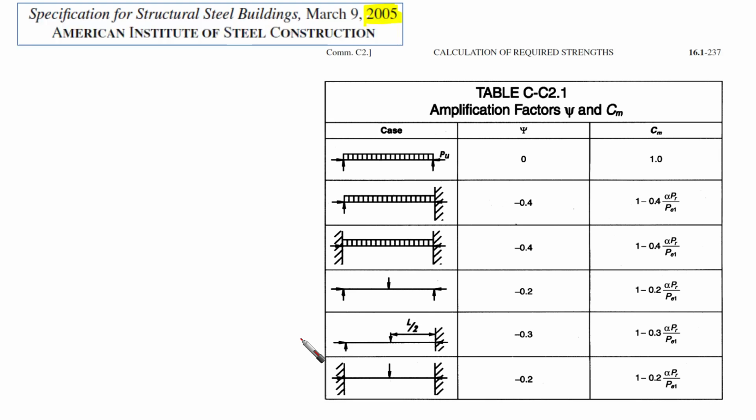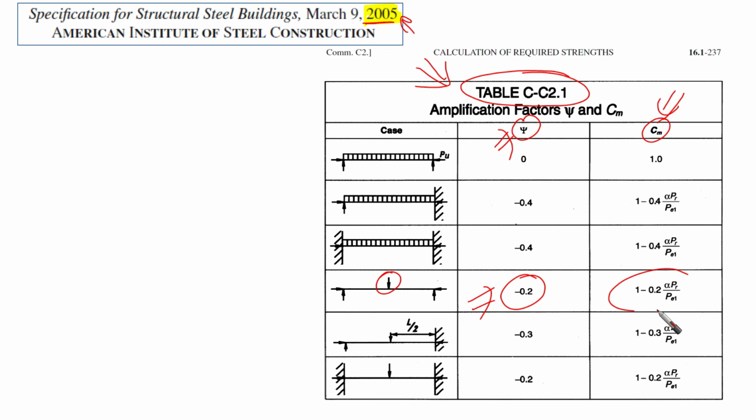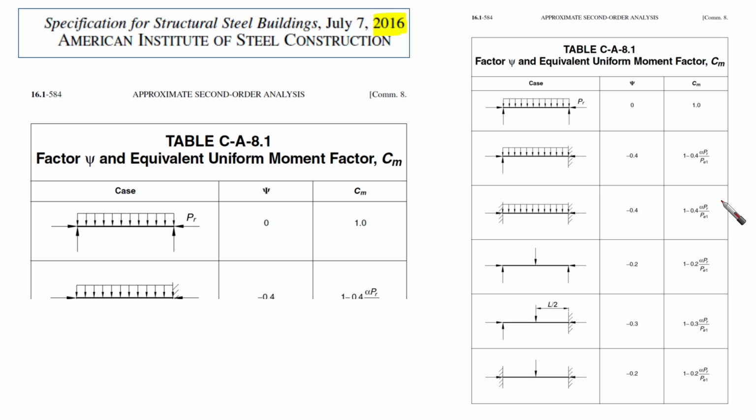It's better to visit this table C-C2.1. Actually, I found that in the 2005 AISC specification, this is the table here, and you can find this factor for reduction of Cm, and you can find Cm as well for different cases of laterally or transversely loaded members. For example, concentrated load here, you can find this minus 0.2 here. It needs to be calculated based on this form. And here you can find it in 2016.